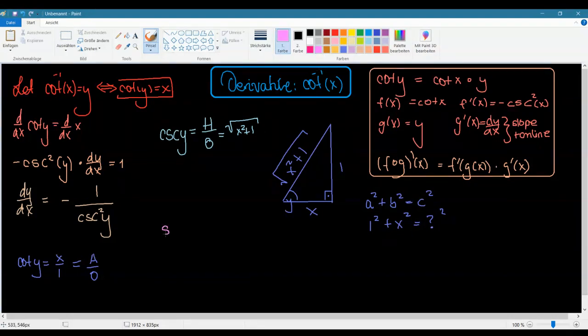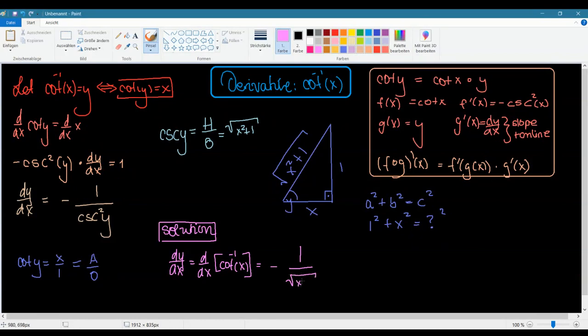So our solution is going to be dy by dx, the derivative of arc cotangent of x, is negative 1 over the square root of x squared plus 1, squared.